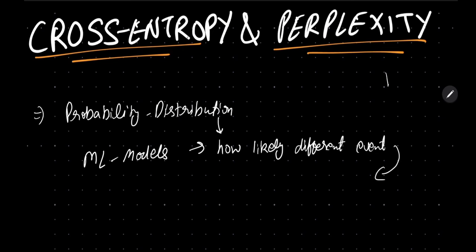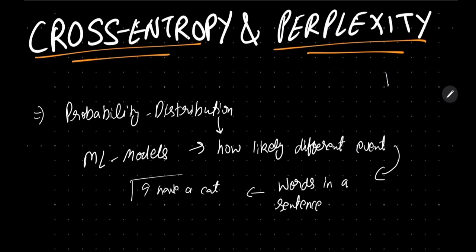For example, if I want to give you one example, that is going to be words in a sentence. A very simple example: let's say I have a cat. Now these are 4 words, right? So now what is the probability of what is going to be the next word?